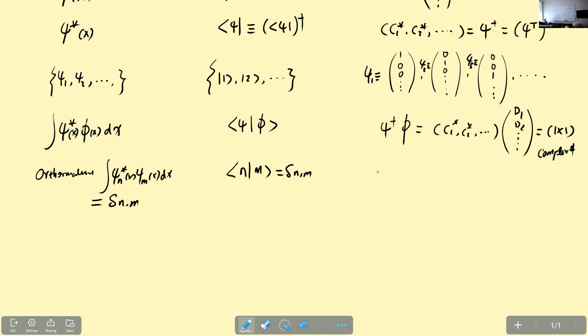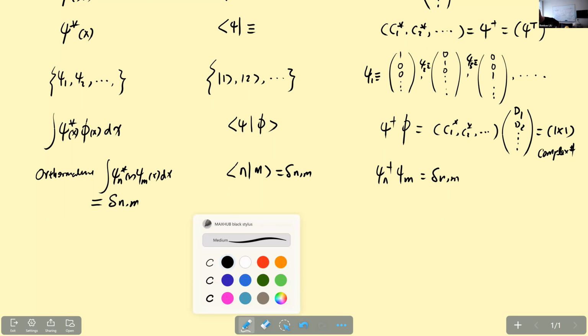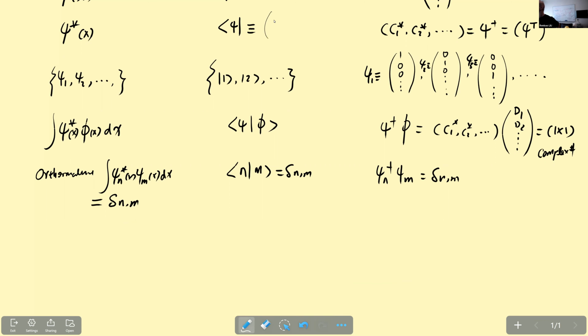You can say it's obviously psi_m dagger and psi_n that equals delta_mn. Oh yes, you're right. Sorry, there's a typo right here. Thank you. That's the dagger of this one. So this is also normal, right?